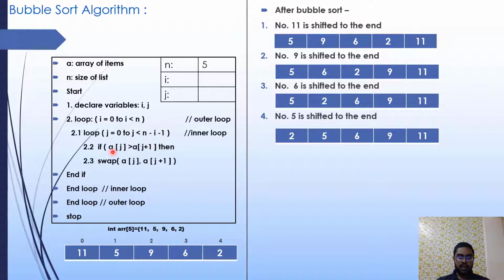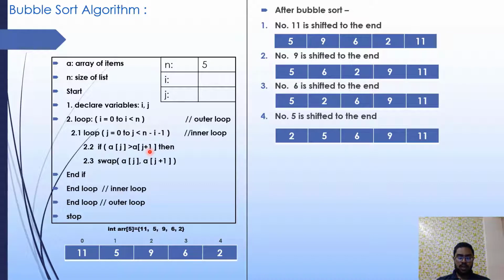Remember, we are comparing the first element and the element which is just right of it. So the comparison is happening over here and here. We see if a of j is greater than a of j plus 1, that is, if the first element is greater than the element just next to it.